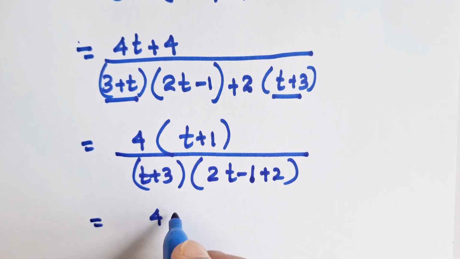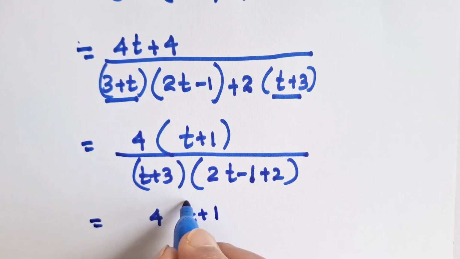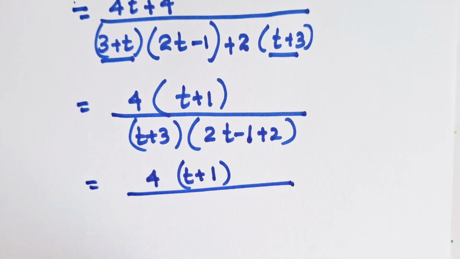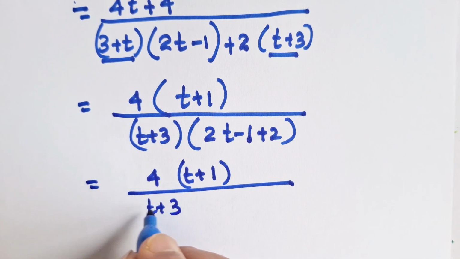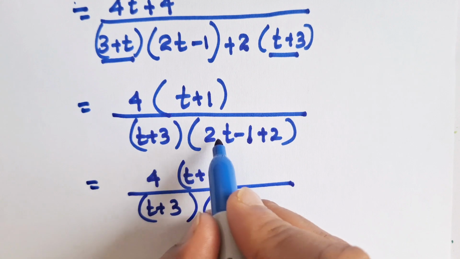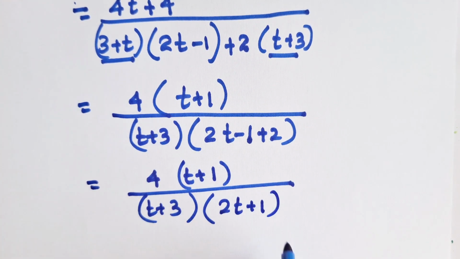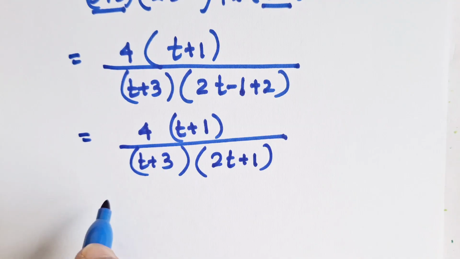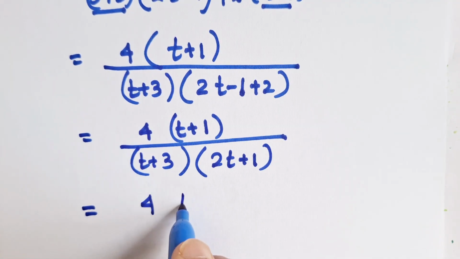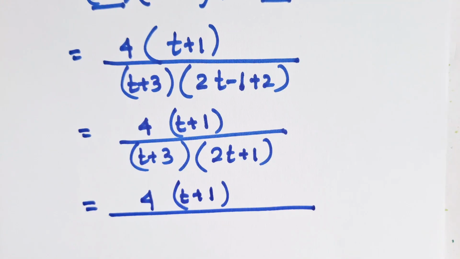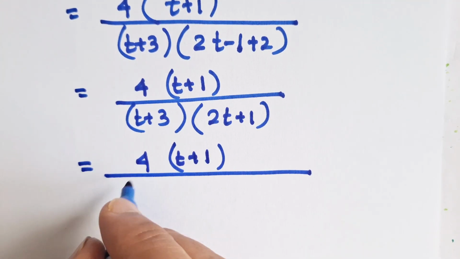Then again we have 4 times (t plus 1) over t plus 3 times (2 times t plus 1). Then 4 times (t plus 1). I'm going to expand the bracket here.